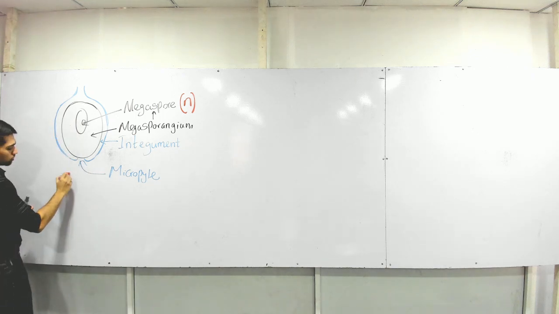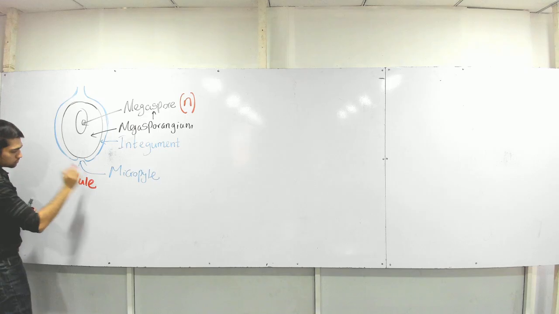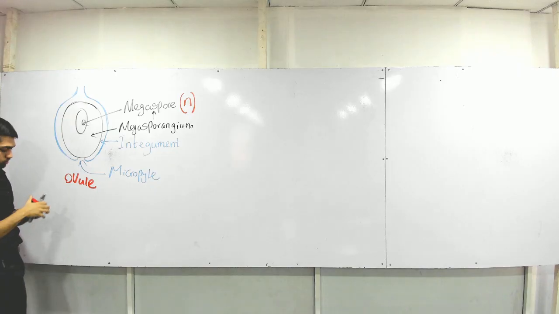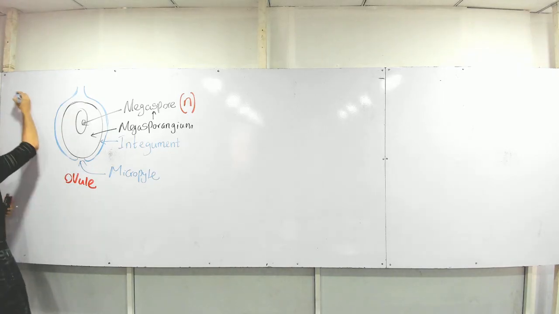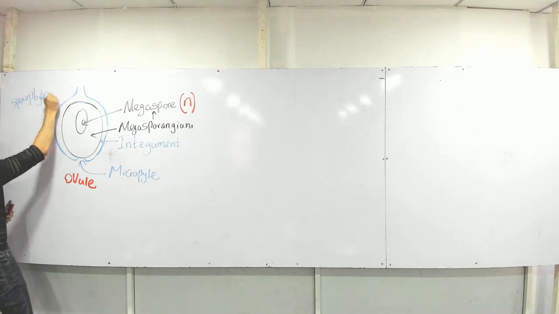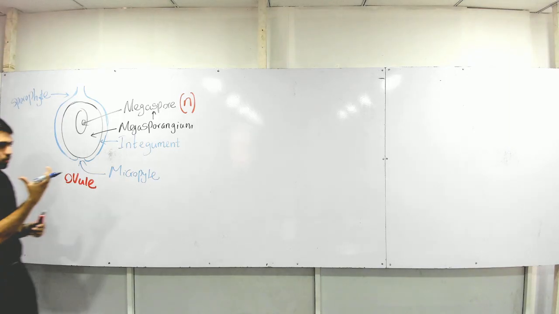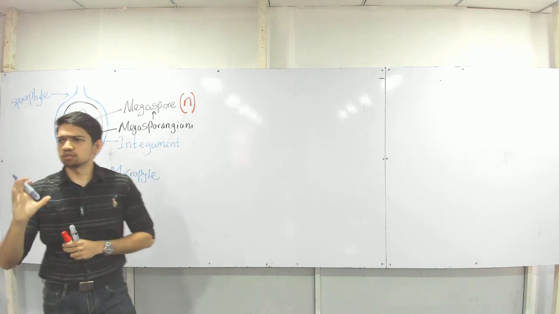This ovule is part of what? What is it attached to? The sporophyte, right? This ovule came from the sporophyte. The sporophyte has so many ovules. Imagine a cone, you have seen pine cones.